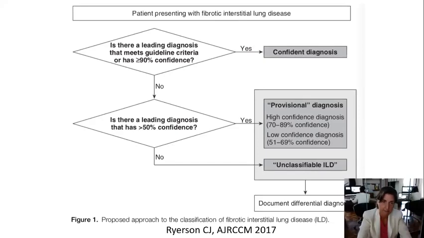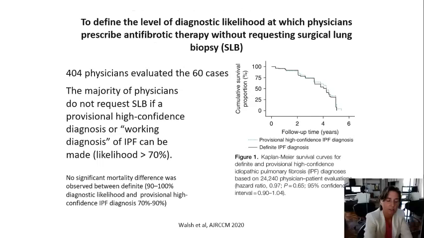It is interesting because this framework has been used by the Brompton Hospital in this elegant study published by Simon last year, that involved more than 400 physicians around the world trying to address when, based on this framework, lung biopsy was required.